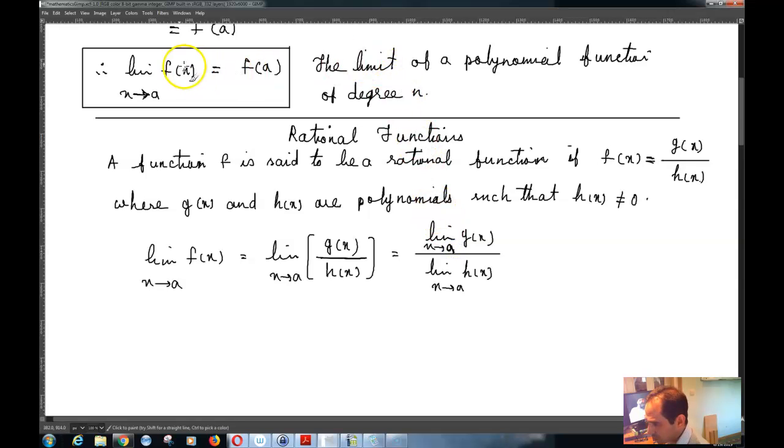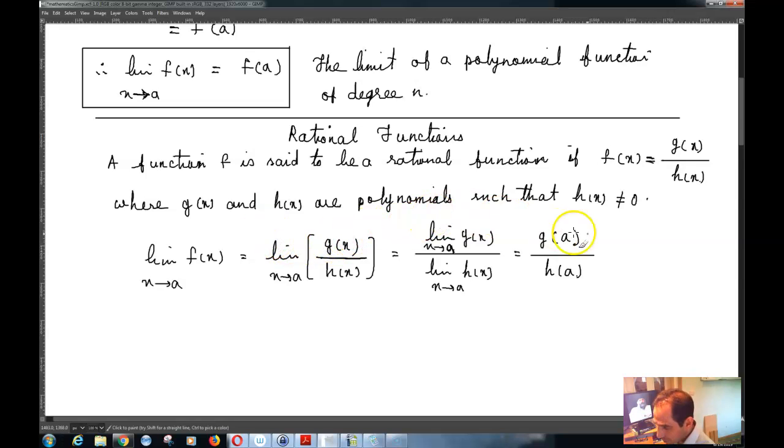And over here we showed that if you have a polynomial f of x, the limit of f of x as x tends to a is equal to f of a. So this is equal to g of a over h of a. Now there are basically two cases that can happen over here.